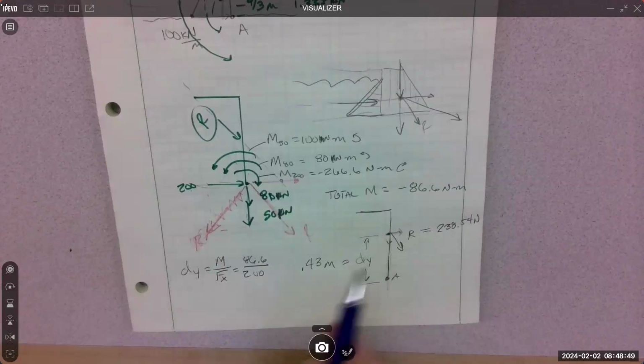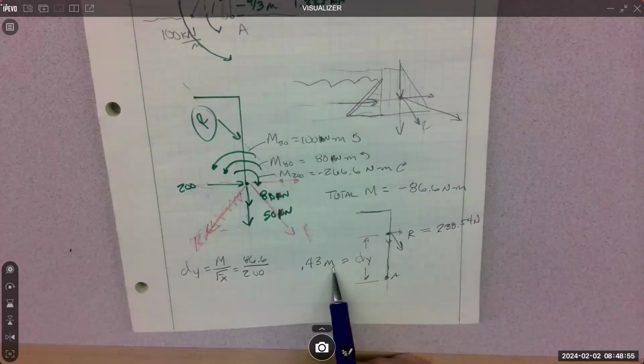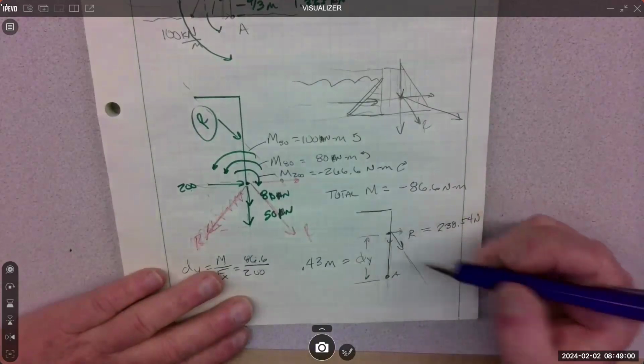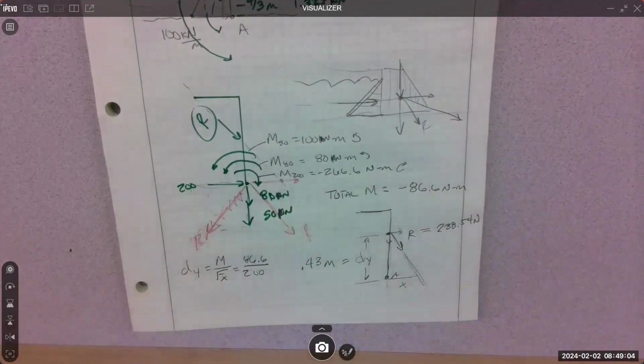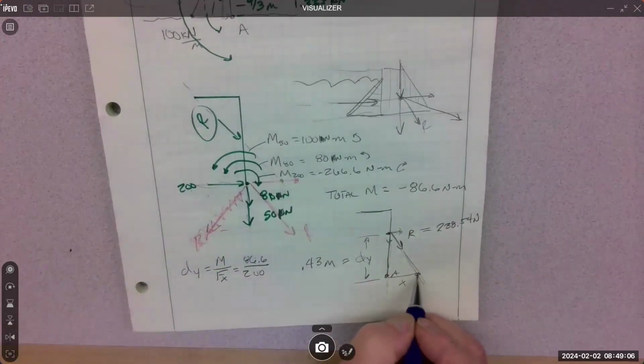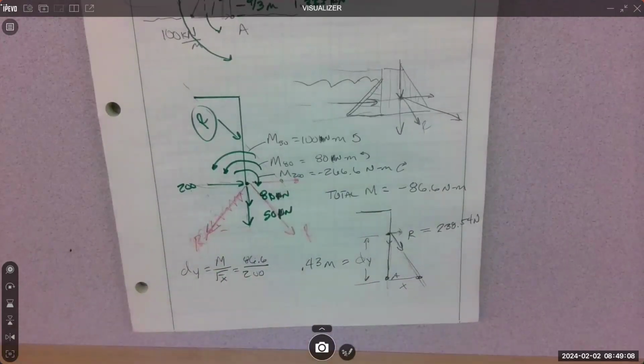So my drawing's out of scale. This one here, right? Because I know this dy is only 0.43 meters up. So if I can get the angle that R acts on, then I can get this x distance. That would be where it intersects the grade.